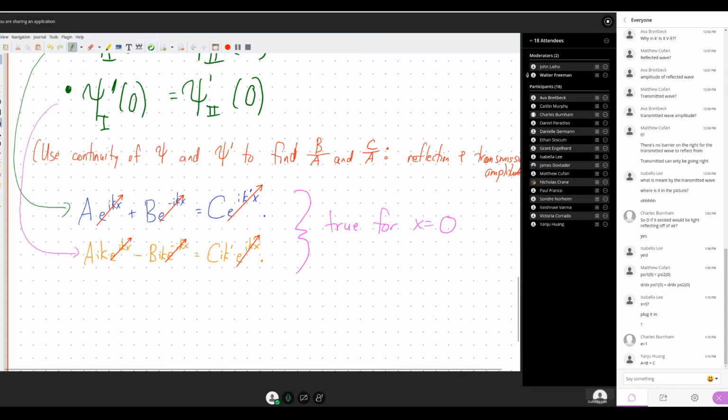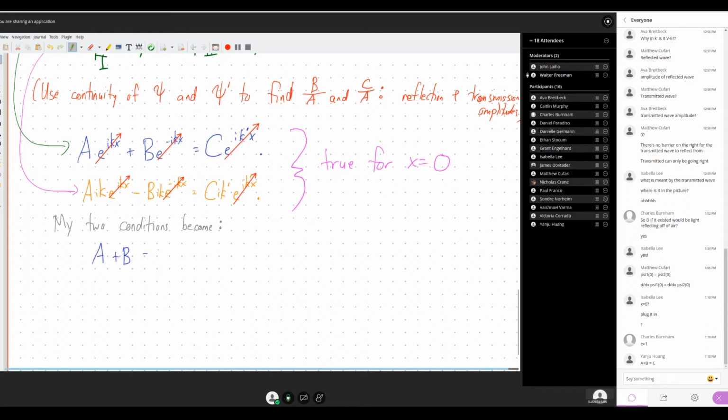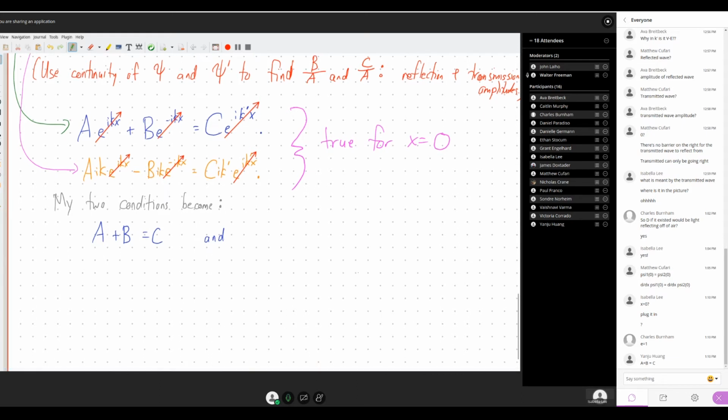Exactly as Yanshu says, my two conditions become A plus B equals C. And let's see, I can divide through by i in my second equation. I have kA minus kB equals k prime C.